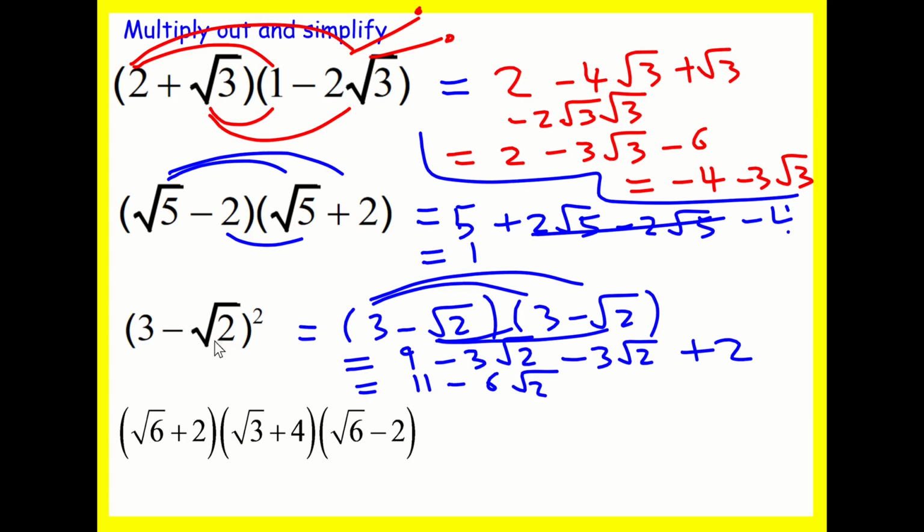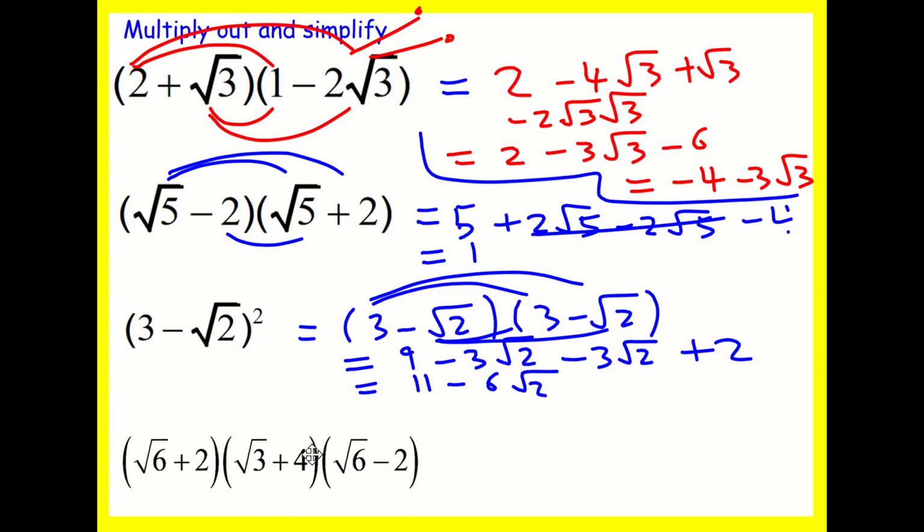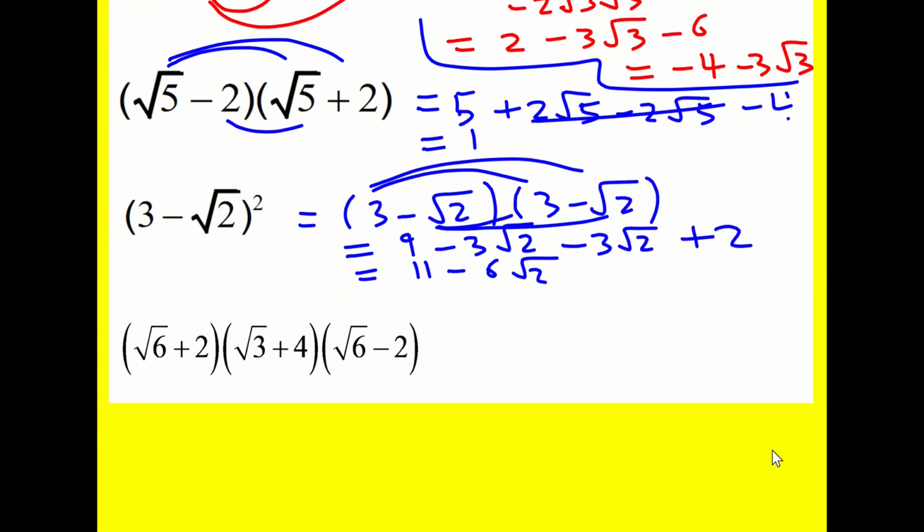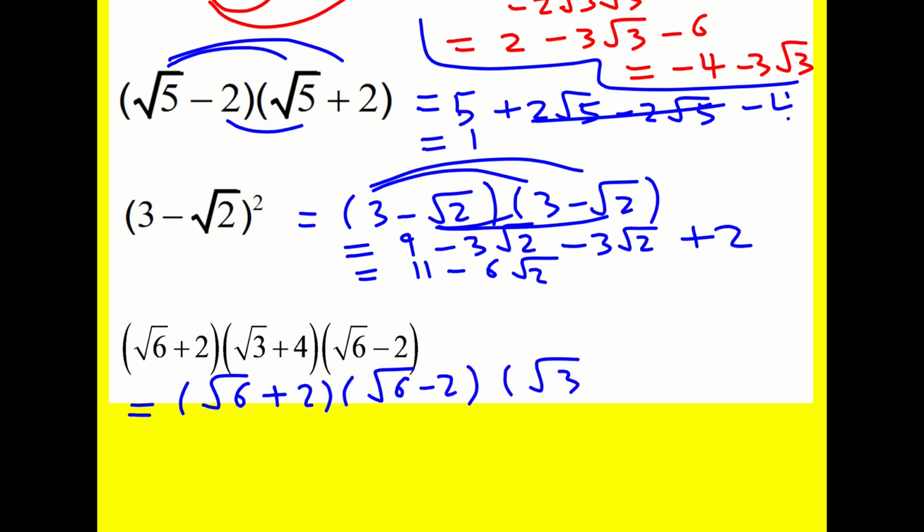And finally, this last one, you might be thinking, oh, why did you put this in? It's not quite as bad as it first looks, because you can decide which order you multiply in. And so I'm going to change it to root 6 plus 2 times root 6 minus 2 to start with, and then we've got this after.